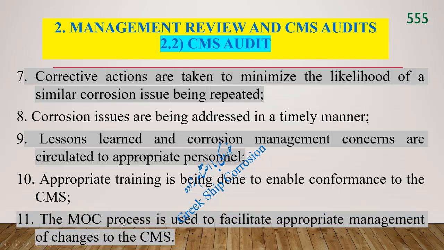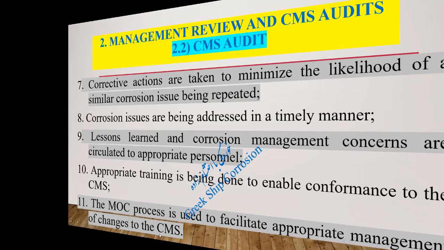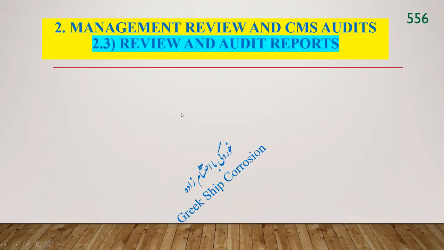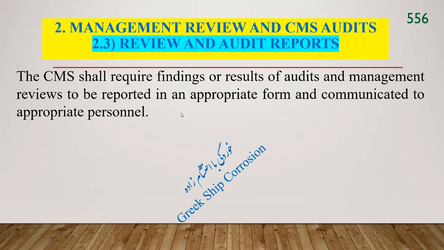The management of change process is used to facilitate appropriate management of changes to the CMS. Review and audit reports. The CMS shall require findings or results of audits and management reviews to be reported in an appropriate form and communicated to appropriate personnel.